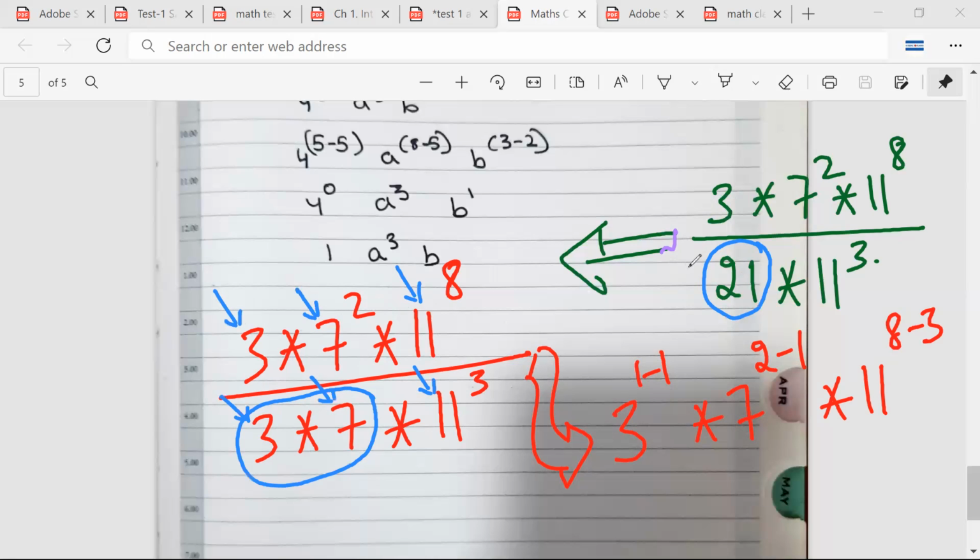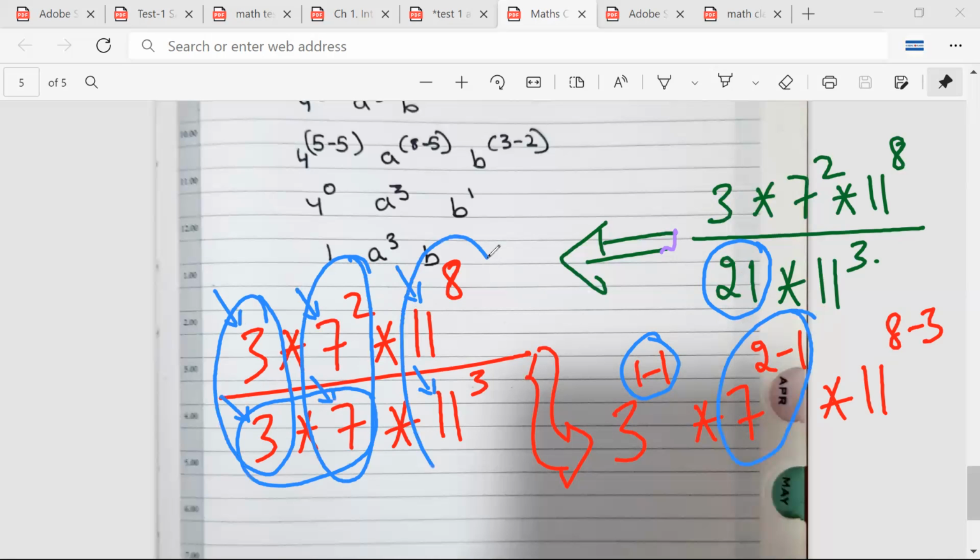Shwara, any doubt? No, sir. When I deal with this 3, this is 1 minus 1. Then I deal with this 7, which is 2 minus 1. Then I deal with this 11, which is 8 minus 3. Okay. Got it.